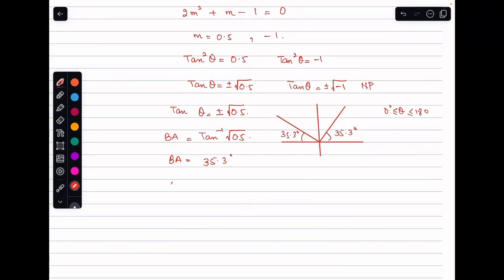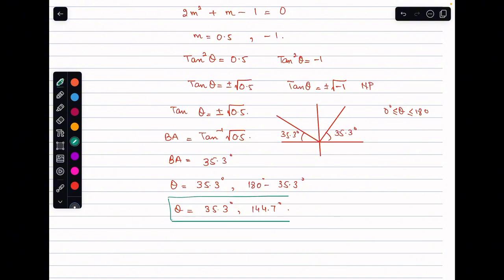Therefore, I can say that my theta values are 35.3 degrees and also 180 minus 35.3 degrees, or 144.7 degrees. So these two are going to be the solutions within the domain of 0 to 180 degrees.